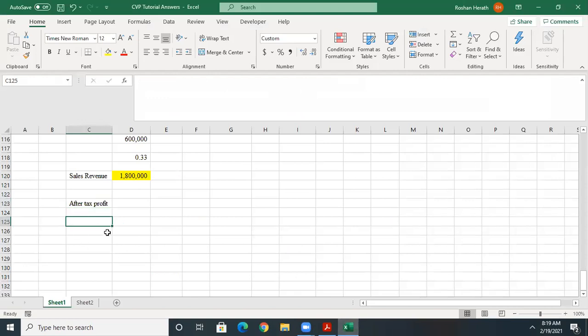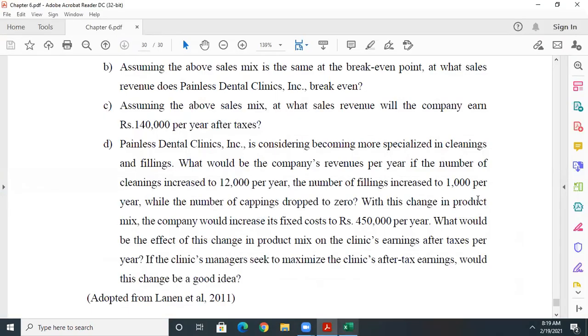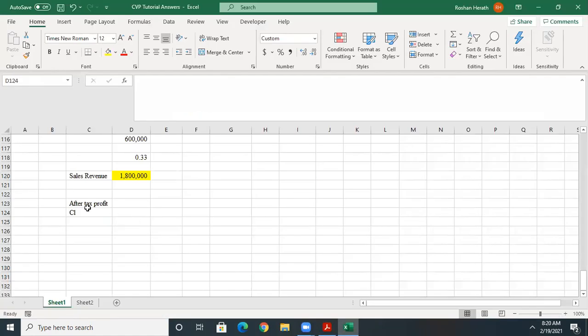So there you only have two products. One is the cleaning. When you come to the cleaning, you want to increase that to 12,000 units.